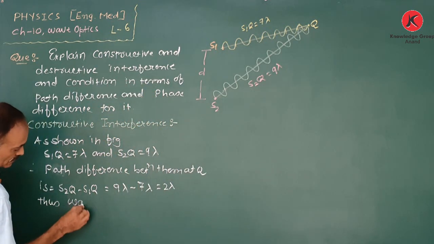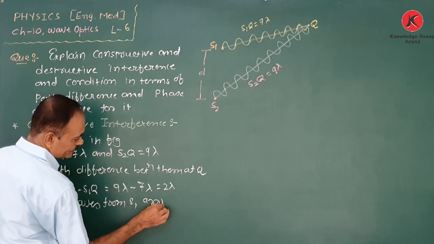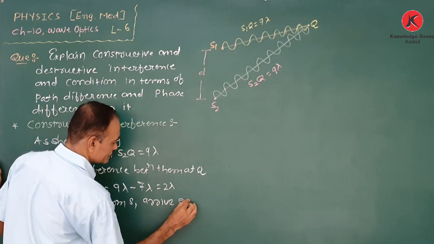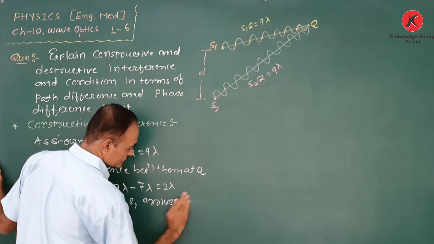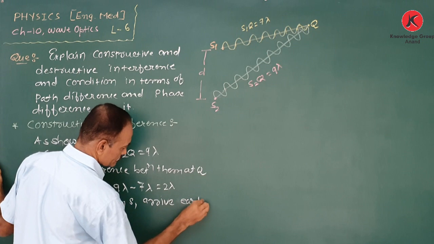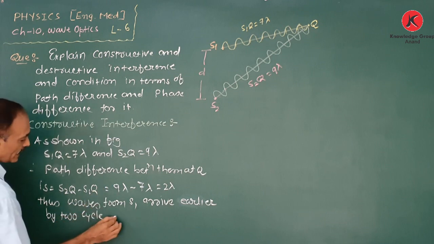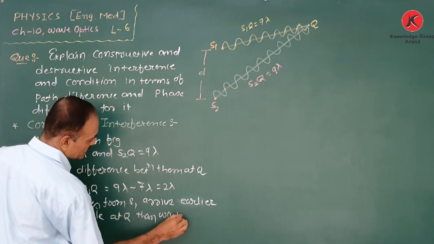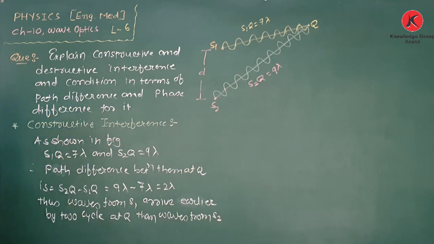Thus, waves from S1 are earlier by 2 cycles at Q than waves from S2. Clear?